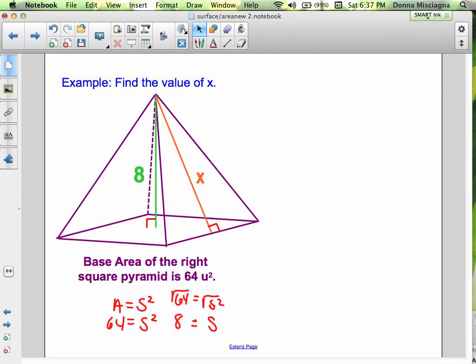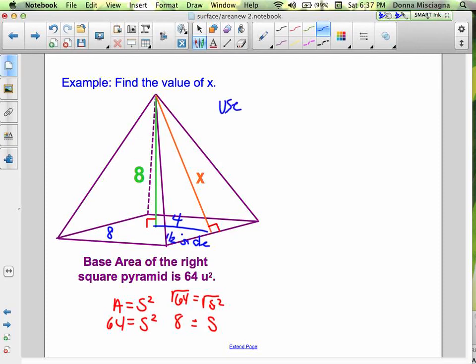All right, so the whole side length here is 8. Remember, this is half a side, so that means that length there is 4. So now let's set this up to find our x here. We're going to use Pythagorean theorem.